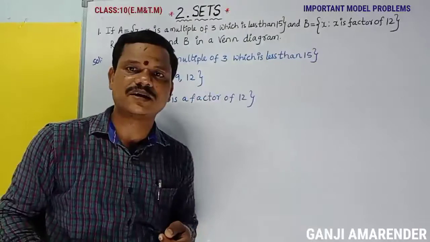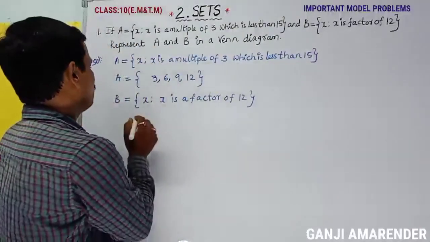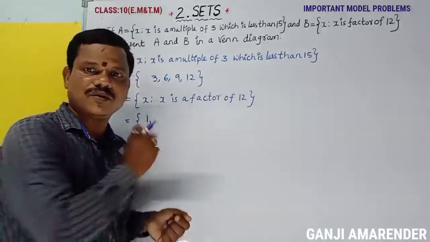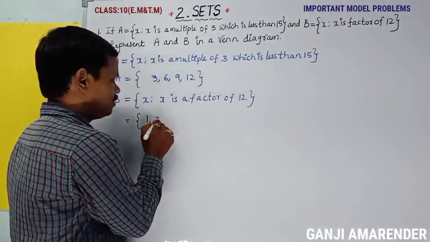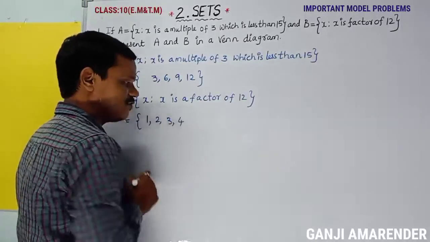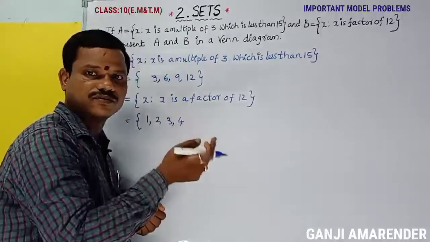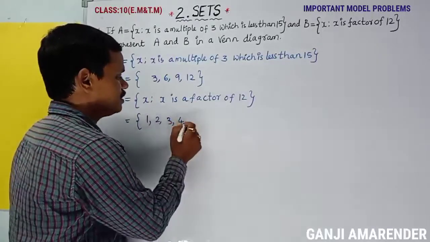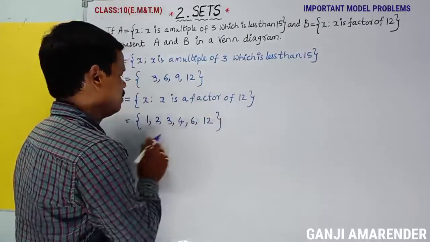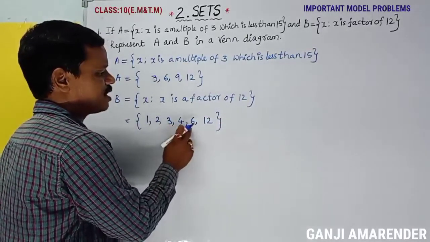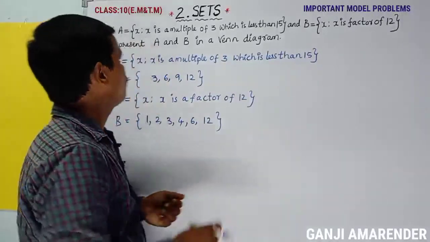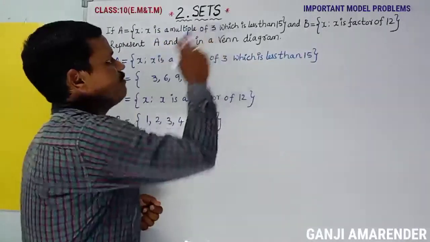What are the factors of 12? 1 is the factor of every number, so 1 is a factor of 12, and 2 is a factor of 12, 3 is a factor of 12, 4 is a factor of 12, 2 6s are, 3 4s are, 4 3s are. Next 6 is a factor of 12 and 12 is a factor of 12. 1, 2, 3, 4, 6, 12 are the factors of 12. Okay, now represent the sets A and B in a Venn diagram.